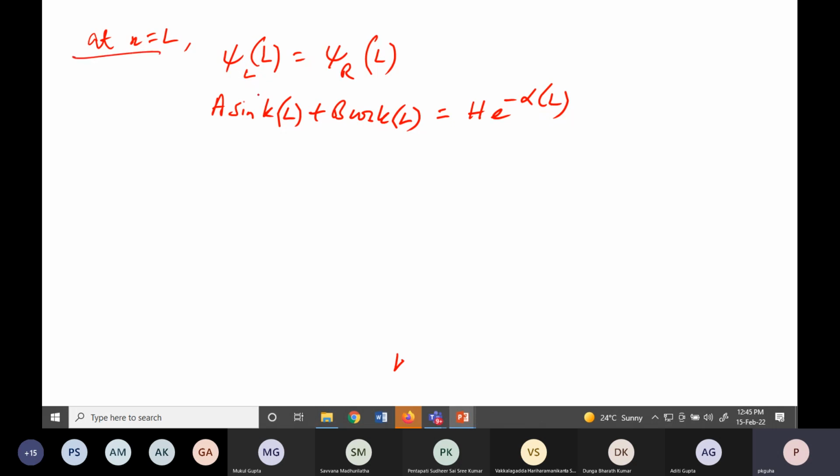That is again a boundary condition. So 1 and 2, and this is boundary condition 3. This is boundary condition 4. What is boundary condition 4? Again we are taking the derivative.